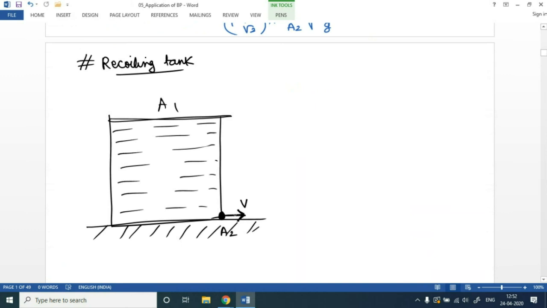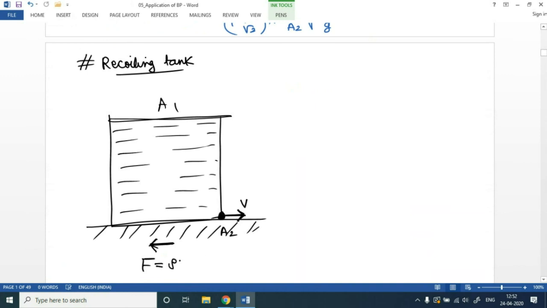So the liquid will exert a thrust force F on this system in the backward direction. There would be some thrust force, and this force would be given by, we have already looked at this, that the outgoing liquid will be exerting force in the opposite direction, and that is going to be rho A v square.